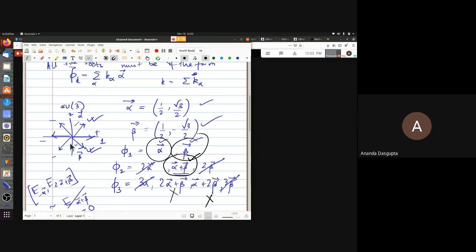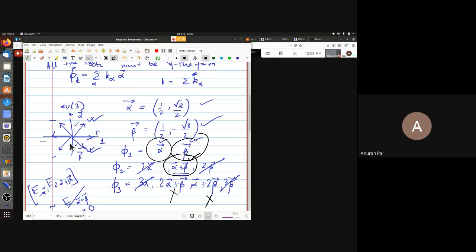All I'm saying is, I found out that there are 3 positive roots and that's it. At level 3, all the candidates fail. So I can't have 4, 5, 6, and so on. Things end there. So my entire root system has been reconstructed. Is this clear to everybody? Yes? No? I want a response.